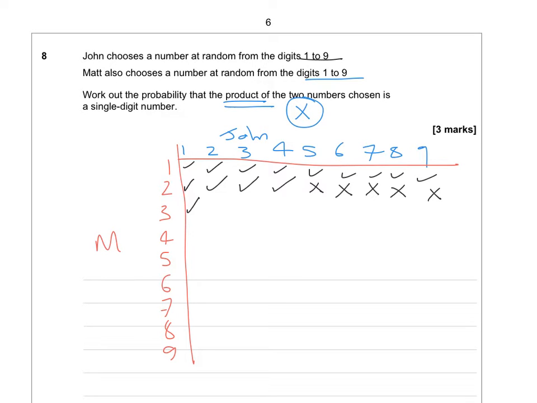3 times 1 is 3, 3 times 2 is 6, 3 times 3 is 9, 3 times 4 is 12, so we rule out everything from here onwards. 4 times 1, 4 times 2, 4 times 3 is 12, not allowed, and so on and so forth.